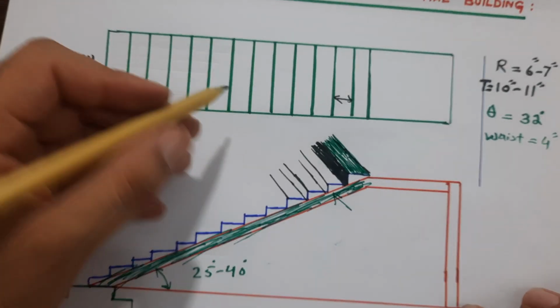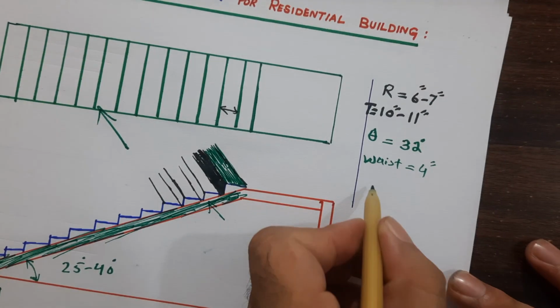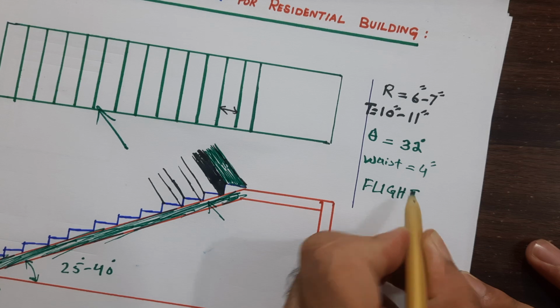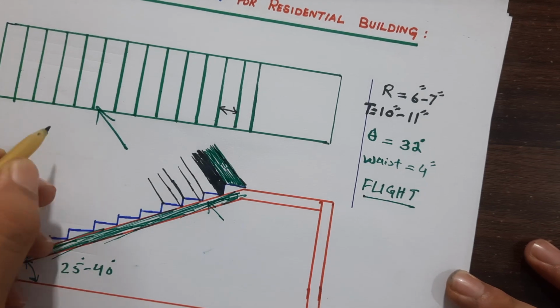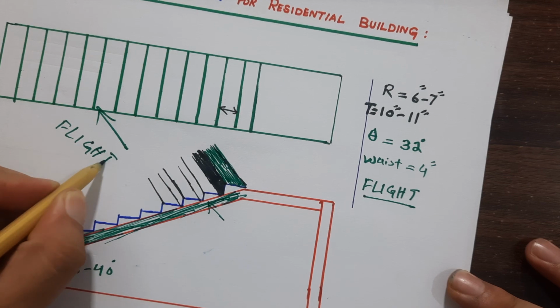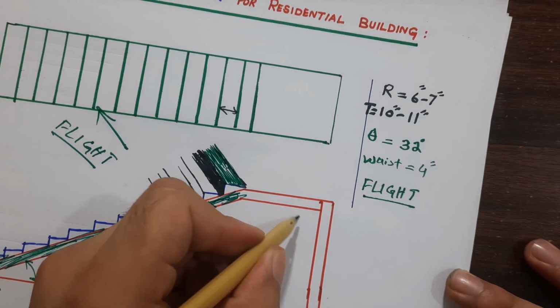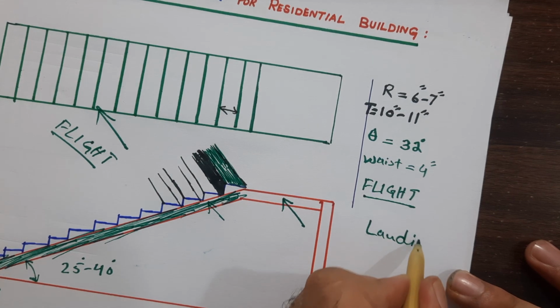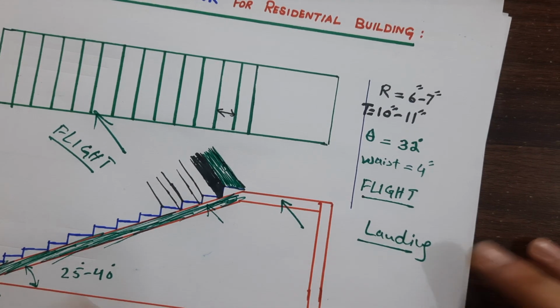Next, guys, you can see this is called the flight. This is the flight, this one. First flight, second flight. And this is called the landing.